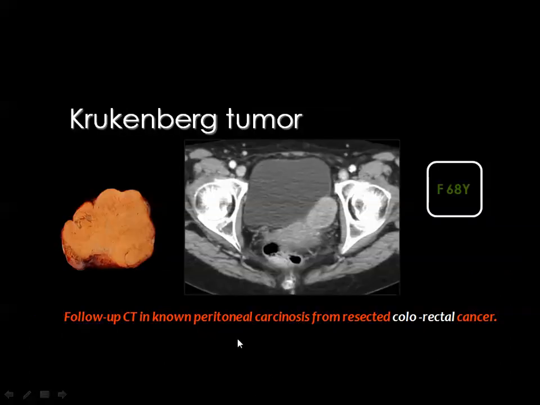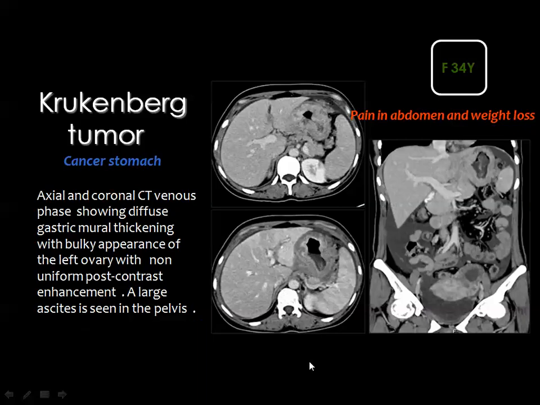Then here you see this patient with a colorectal cancer, and you see a solid mass in the left adnexal area, and this is a Krukenberg metastatic deposit.